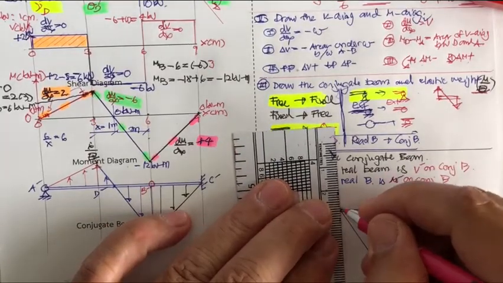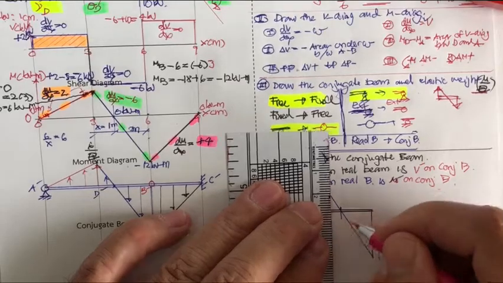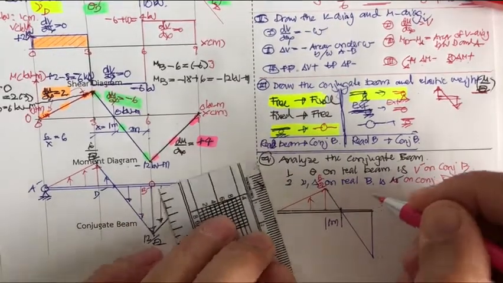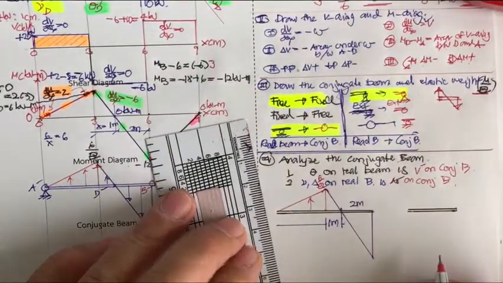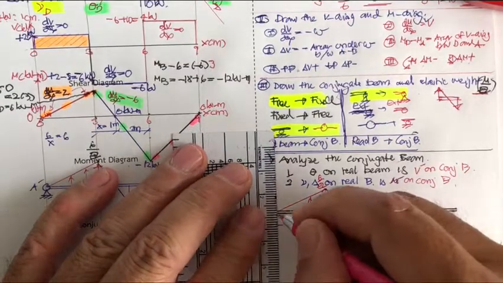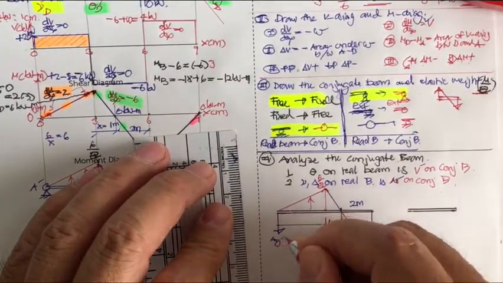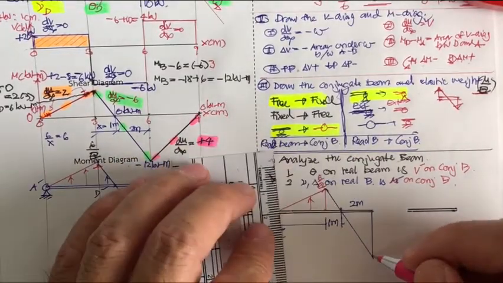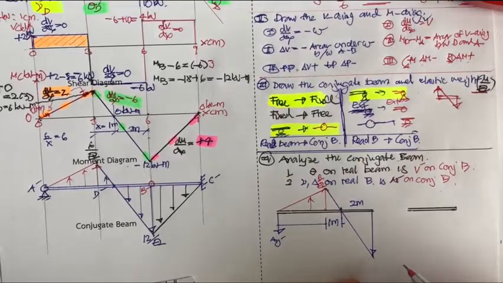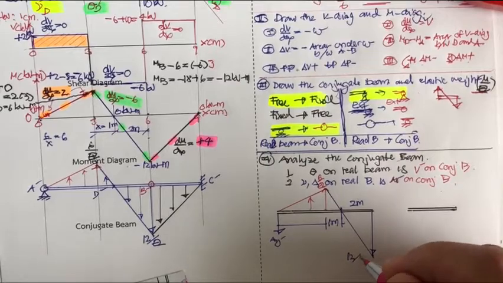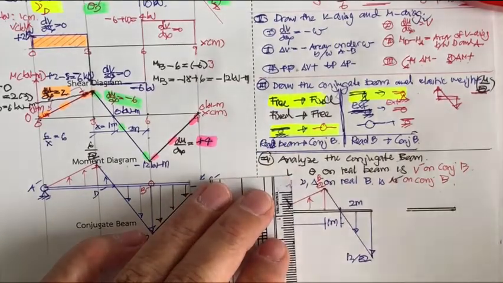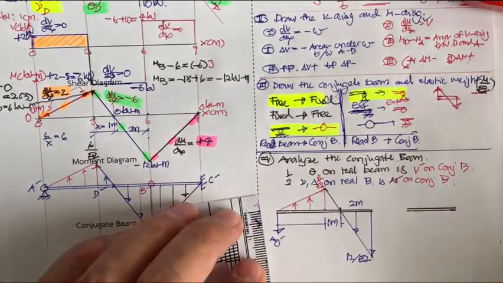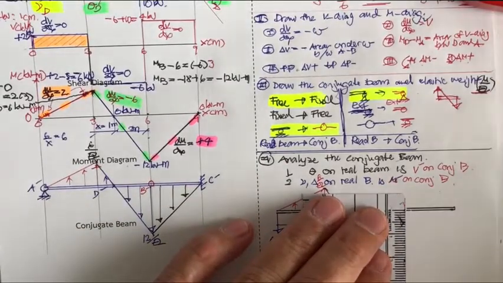This one is 1 meter. This is 2 meter. And this one is downward. And this one is 12 over EI, right? This one is 12 over EI. And under this, this one is downward. This one is upward like this. And the other here is going to be also the same.